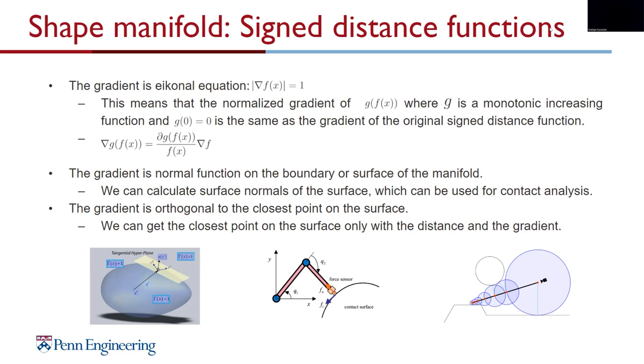And this is the same as what I talked about. You can get a surface normal which is needed for force control or something like that. And getting a closest point on the surface, this is not useful in most cases, but it is useful for rendering.